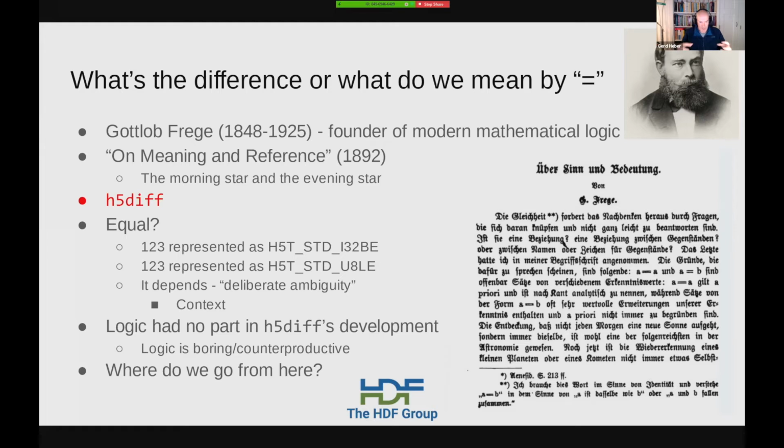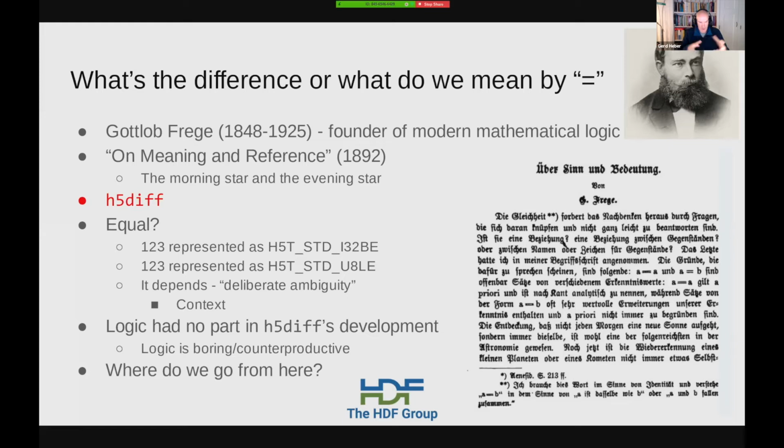But it goes back to this fundamental problem: when we talk equality, and let's assume we define difference based on equality, it's really important that the context in which we want to answer that question is established. And to a degree, we have in HDF5 this concept of what I would call deliberate ambiguity.